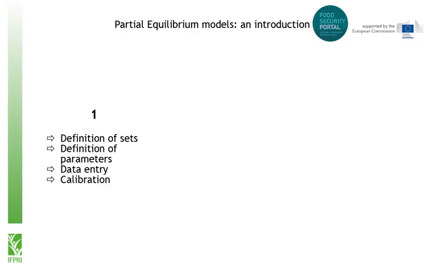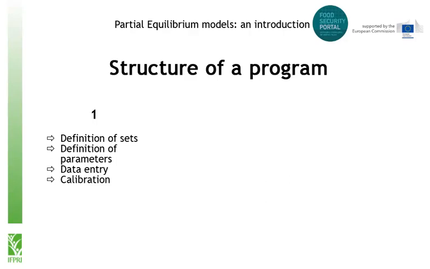So right now let us present the structure of a program. In a GAMS file, we start with a series of instructions which consist of the definition of sets, the definition of parameters, the data entry, and the calibration. Why? Because we are going to use the sets and the parameters after that, and of course GAMS would not understand if we use a parameter that is not already defined or declared.